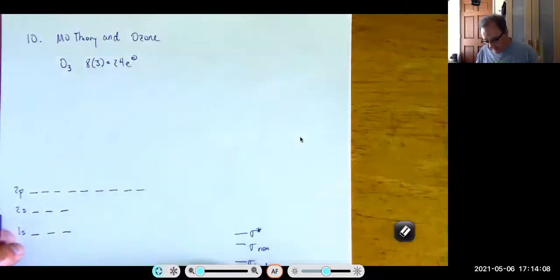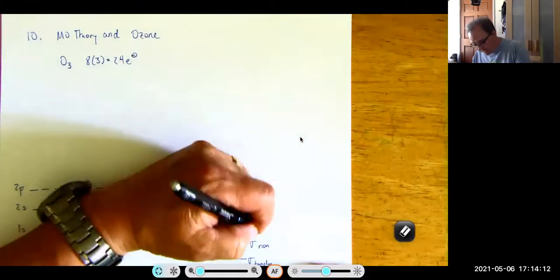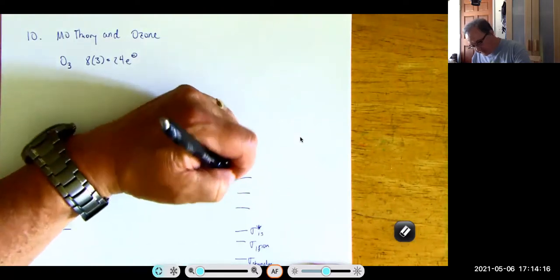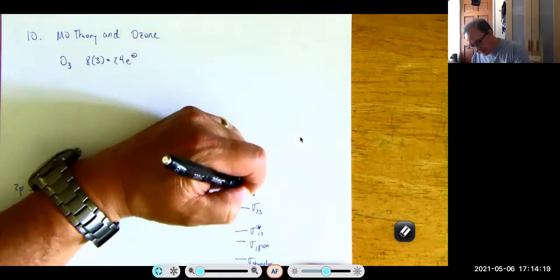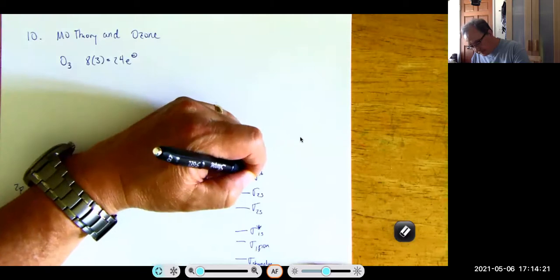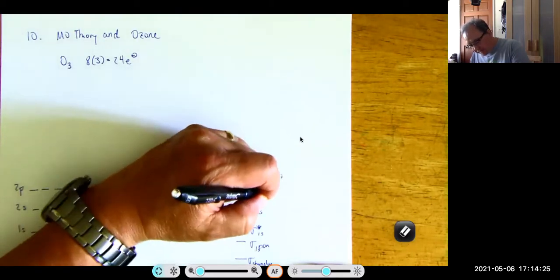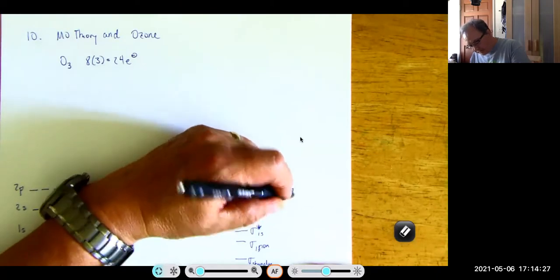And the non-bonding is in between the bonding and the anti-bonding. So these are all going to be the 1s's. You're going to do the same thing for the 2s's. So this one's the anti-bonding, this one's the non-bonding, and this one is the bonding.